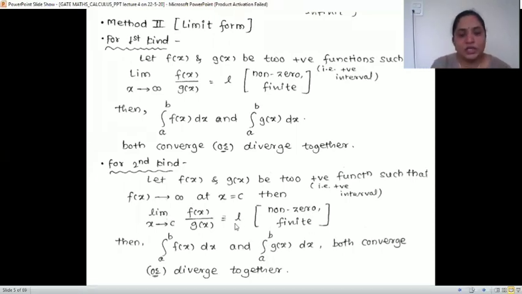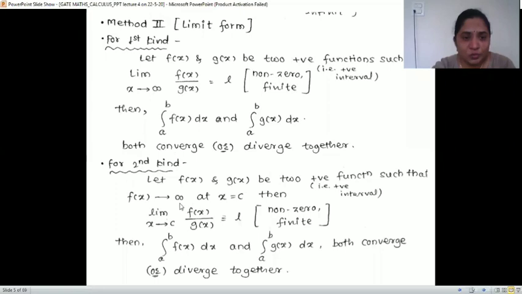So if such an L exists, then the integrations of f of x and g of x either both converge or both diverge together. If one converges, then the other must be convergent, or if one diverges, the other must be divergent, right?